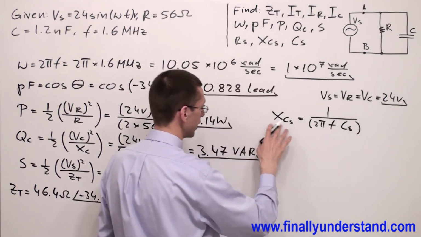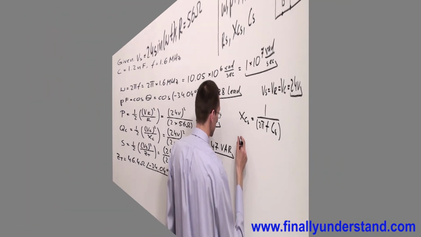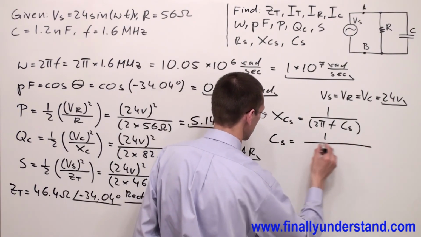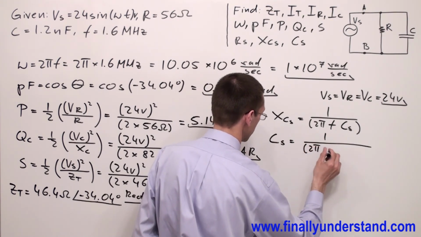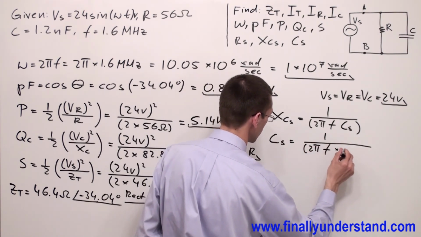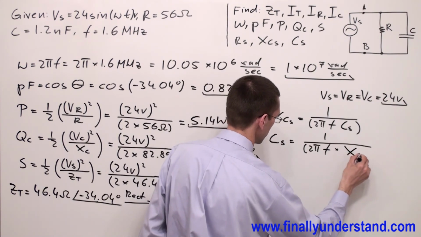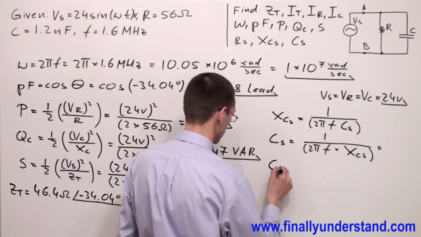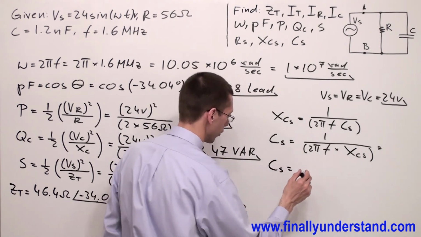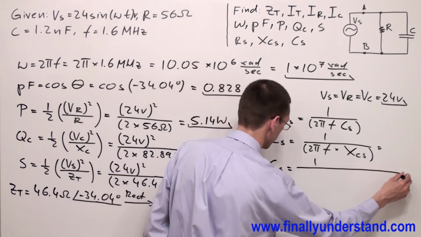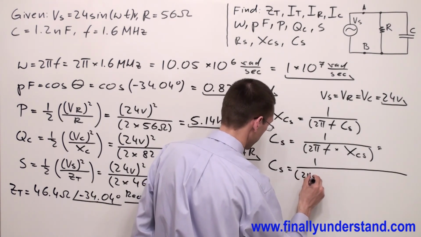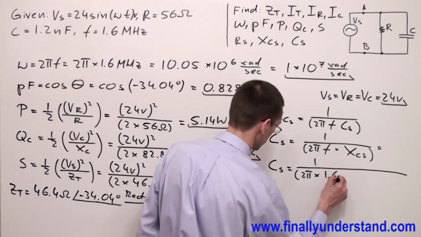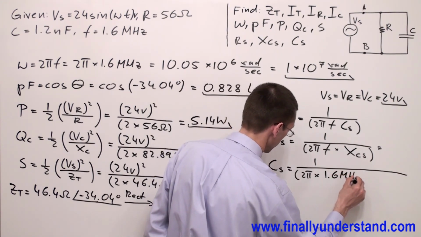You're supposed to use algebra to solve this formula, so C_S is equal to 1 over 2 pi f times X_CS. So C_S is equal to 1 divided by 2 pi times the frequency, which is equal to 1.6 megahertz.